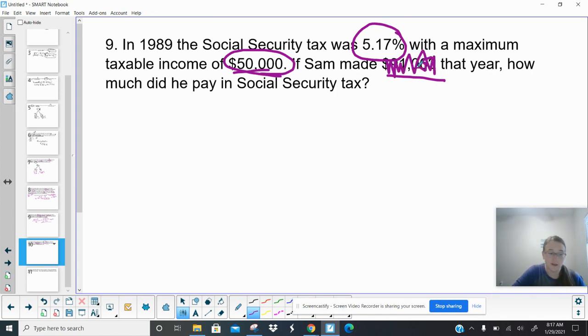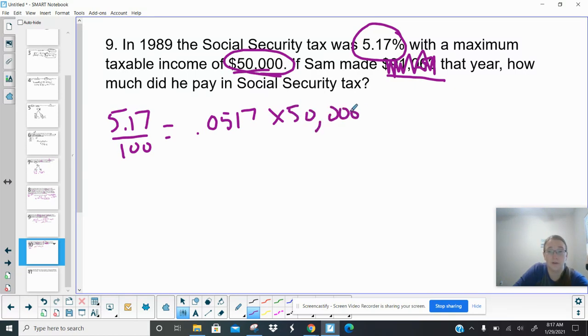Again, there's a reason for that. Again, with Social Security, we have a maximum income that can be taxed. So if you make above that income, only the max will get taxed. So percentage 5.17 divided by 100, 0.0517, check in your calculator, times the smaller number. That's all you had to do.